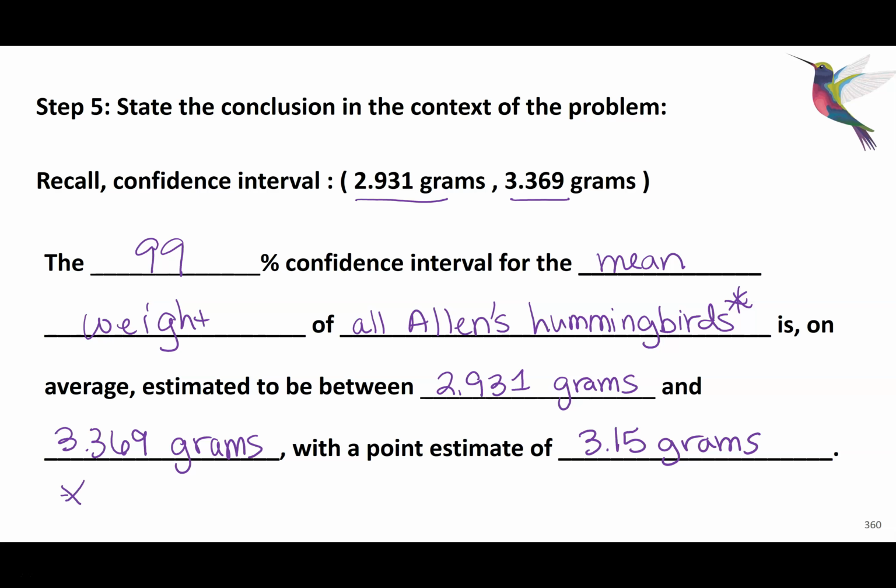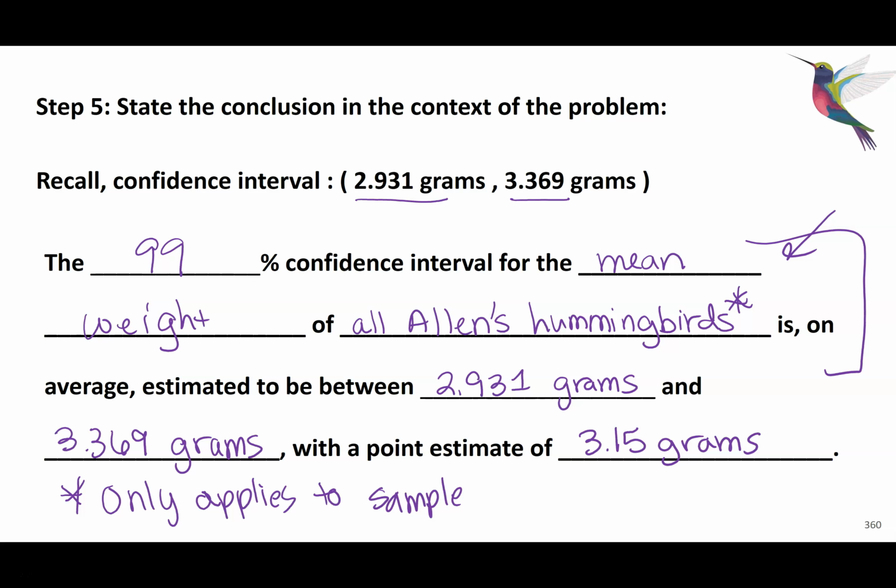And then asterisk, only applies to the sample of 15 hummingbirds. You want to be careful though, because the write-up for the confidence interval should never be in terms of the sample. It should always be in terms of the population, always. So you do want to be careful.